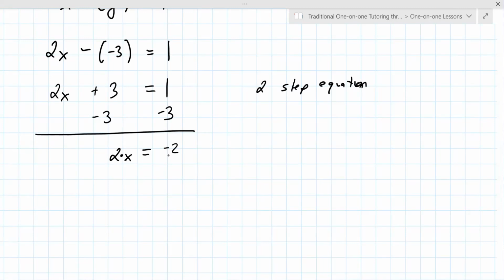It's the answer when x is by itself. 2 is multiplying x. How do you undo multiplication by 2? Dividing. Divide by 2. Yep. x equals -1.